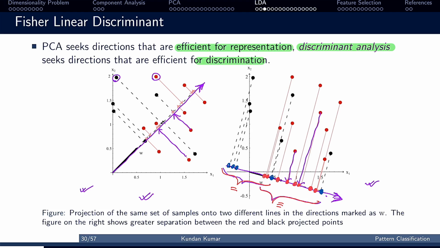These two criteria should be fulfilled to obtain good separability of the data in this projection. Linear discriminant analysis finds the direction of this line so that the distance between the means of these two classes will be maximum and the variance of these two classes will be minimum.